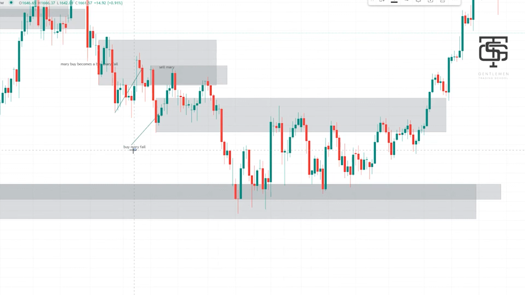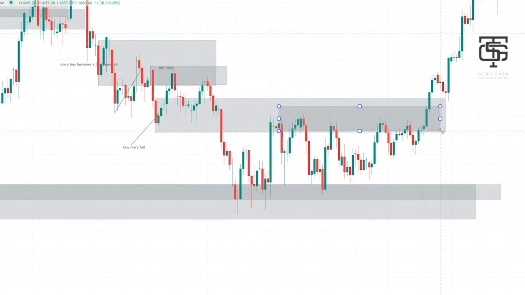So we have our Buy Marry Fail over here, and the next thing that we want is to make sure that we identify a Sell Marry in the same zone. In this case, you can identify this as your Sell Marry. So we're just gonna make it a zone again like this.